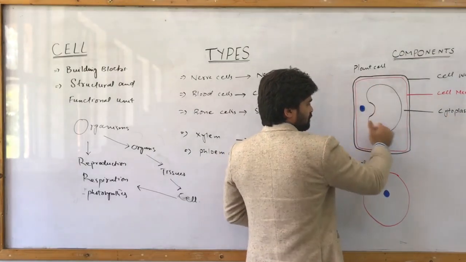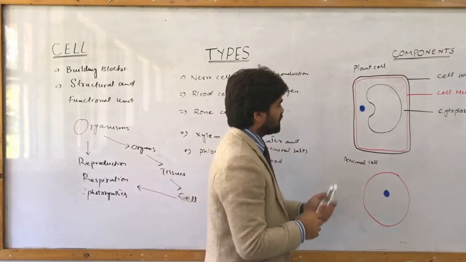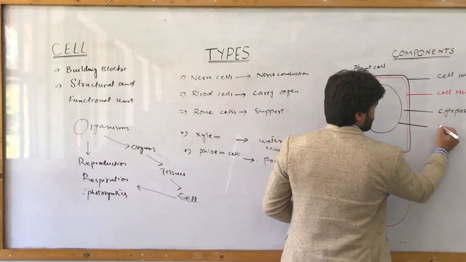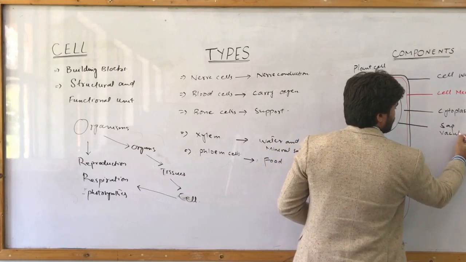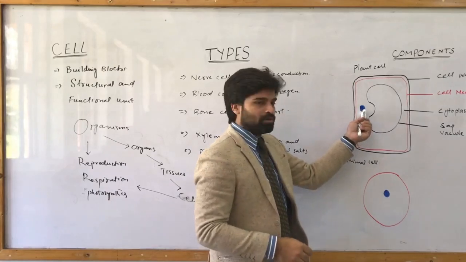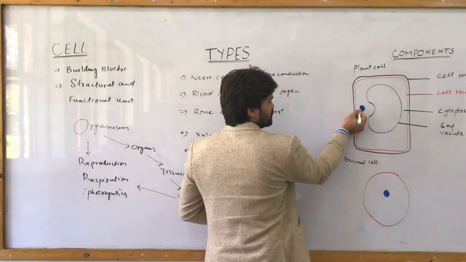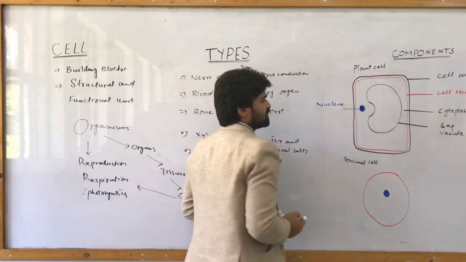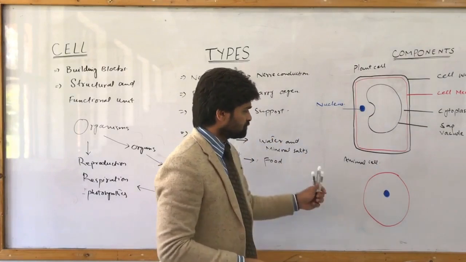And that balloon-like structure you are seeing over here, that is the sap vacuole. And finally, that blue structure you are seeing over here, that is the nucleus of the cell. So these are the different components of a plant cell.